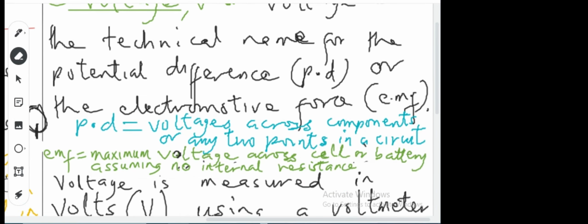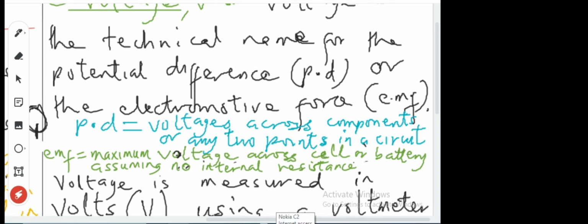So I said PD is the voltage across components or any 2 points in a circuit. Did you see that? PD. That stands for potential difference: the voltage across components or any 2 points in a circuit. While EMF is the maximum voltage across the cell or battery, assuming no internal resistance.